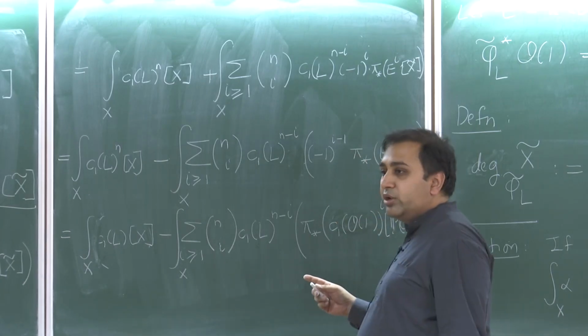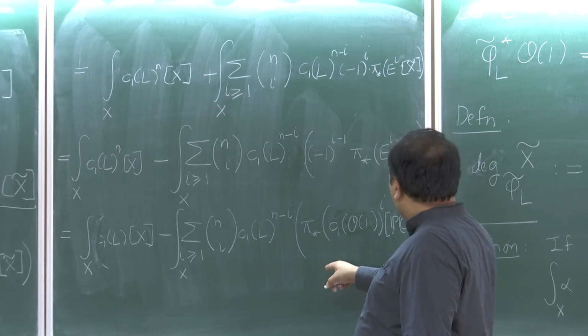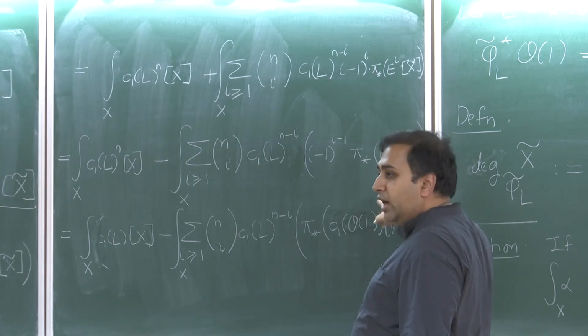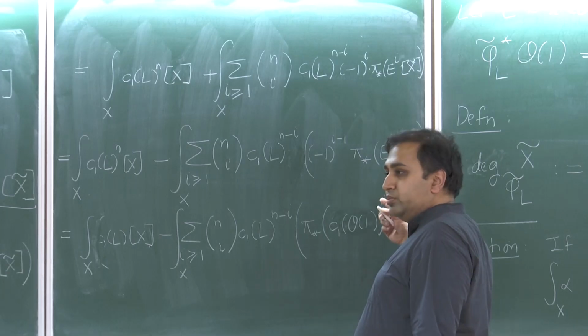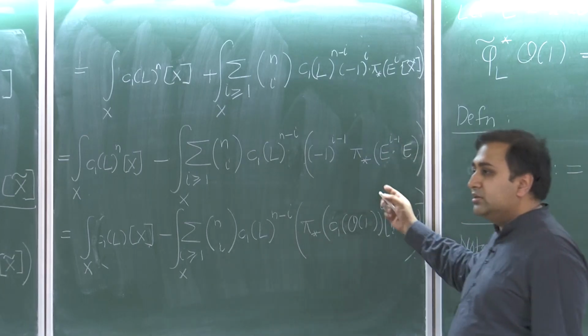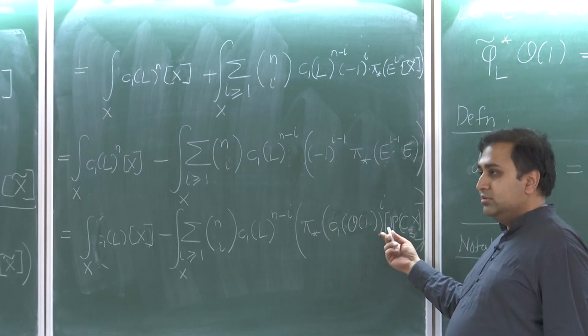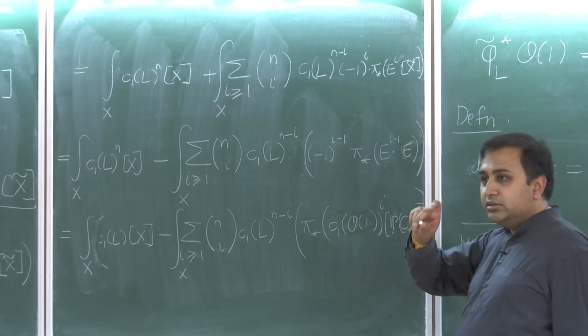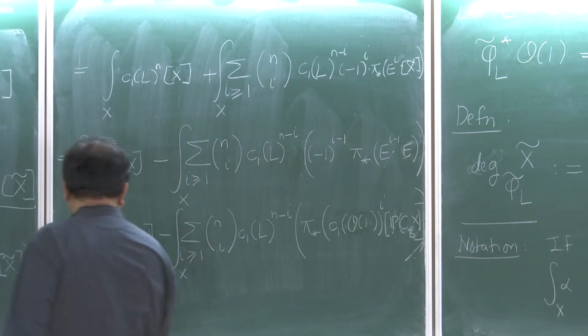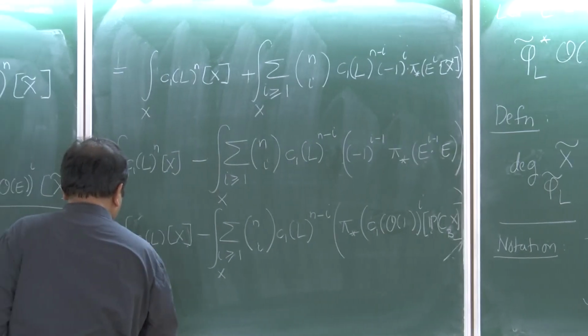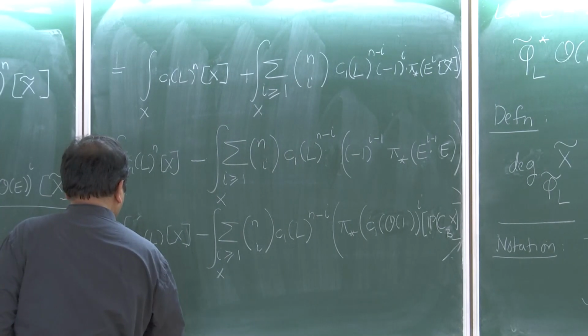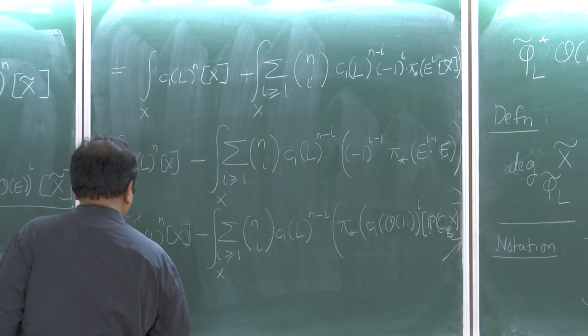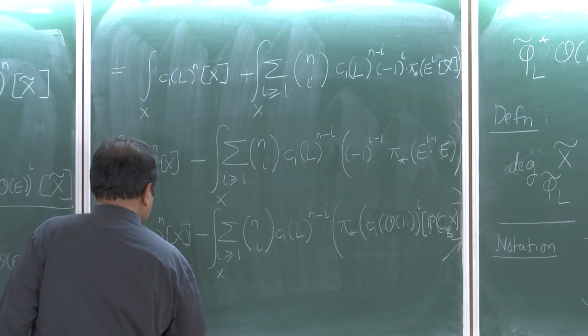For the Segre class, what I would need is really a sum over all j, not just on i, but for all j greater than or equal to 0. So I can replace this single term by a sum, because I'm only taking degree, so only the degree 0 terms will get picked out. So this is equal to the integral over x of c1(L) to the n of x.